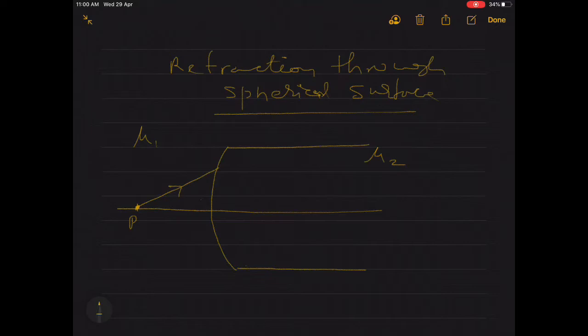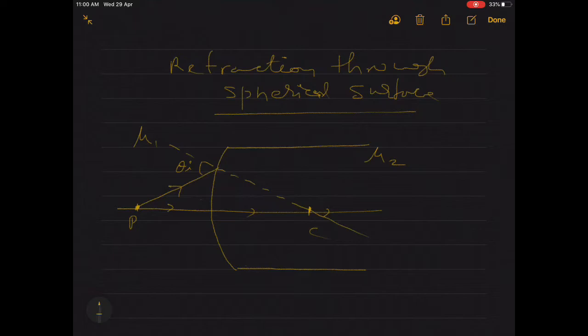One is passing along the principal axis, that will go straight, and let this be the center of curvature of this spherical surface. Then this would be normal to this, so this would be angle of incidence theta I.